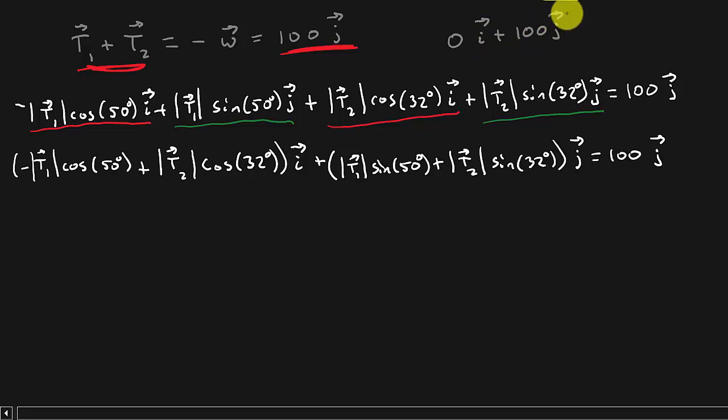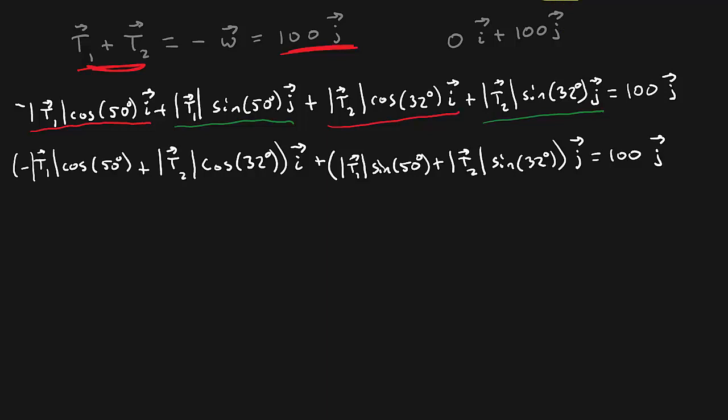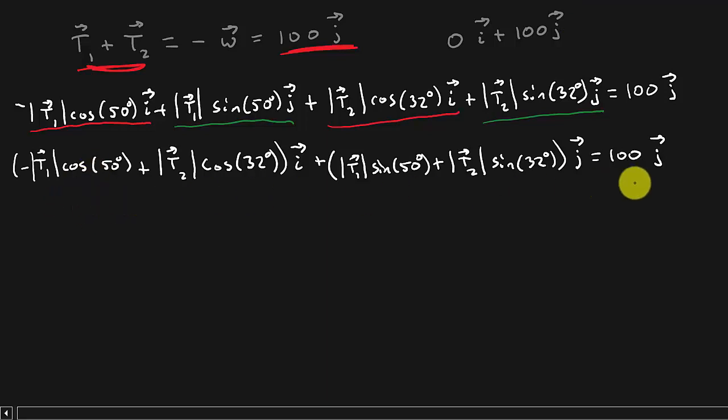So in order for these two sides to be equal, this right here in front of I has to be 0, and this right here in front of J has to be 100. And so that's going to be T1 cosine 50. Now all it is, is solving a system of equations.